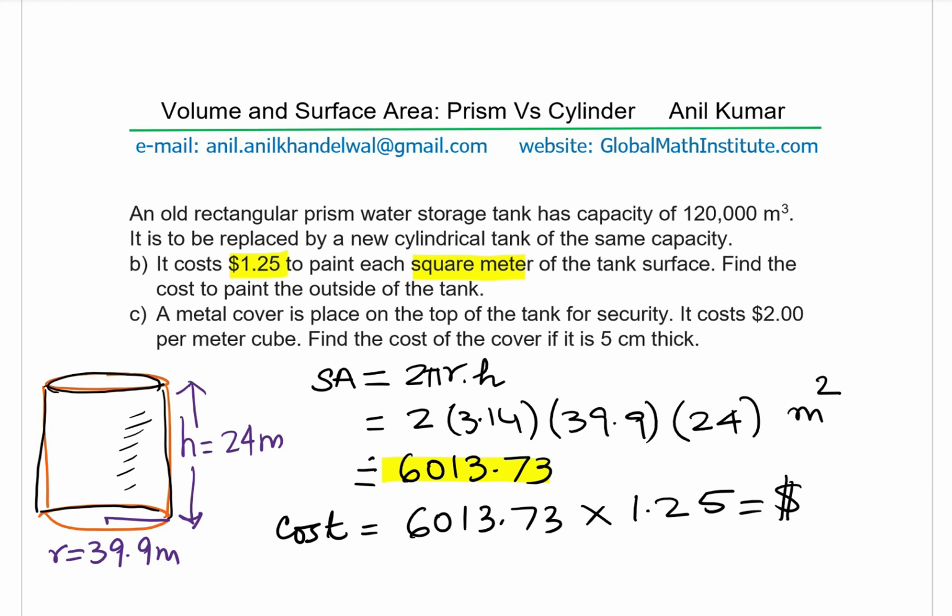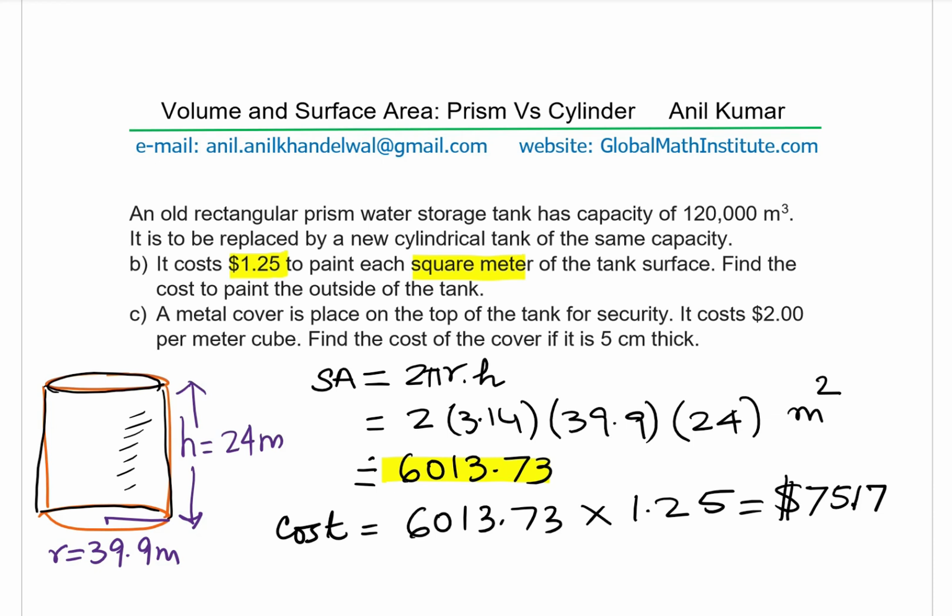The cost is approximately 7517. Okay, so we'll round it to a whole number. $7,517 to paint this tank just from outside. So that is what our answer is going to be.